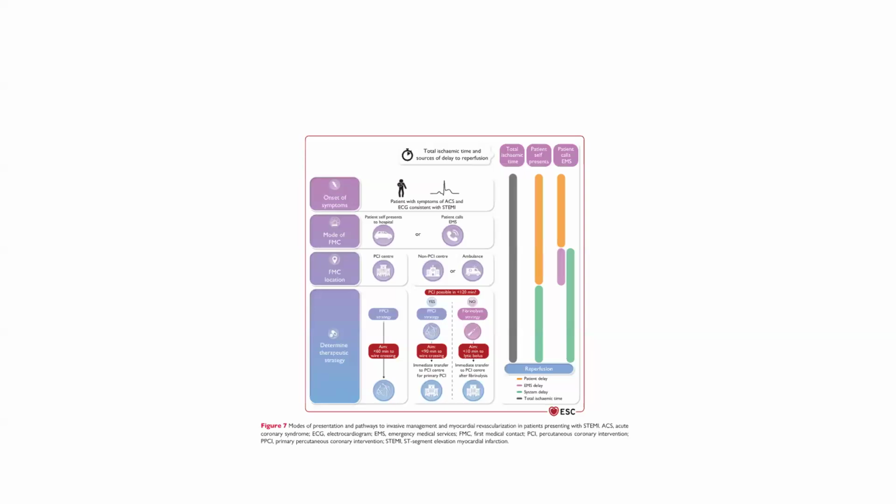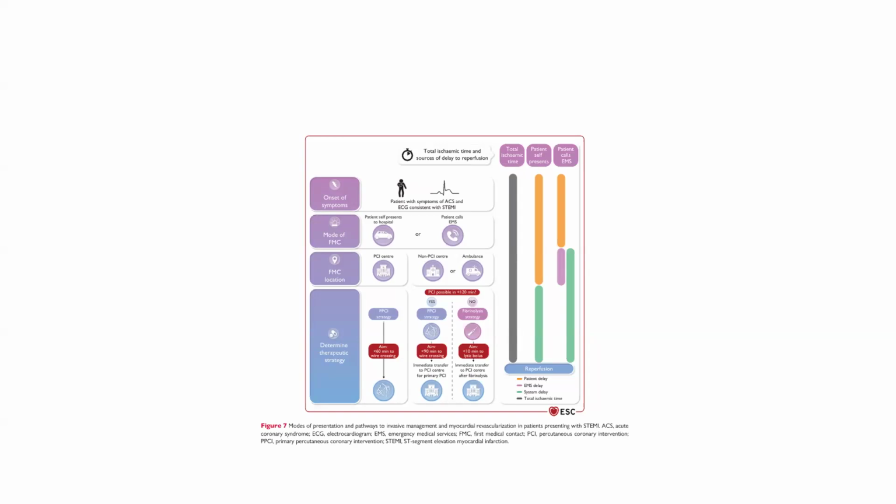If the patient presents to a non-PCI center, we need to see whether PCI is possible in less than 120 minutes. If yes, then we refer the patient to a primary PCI center, and the aim should be less than 90 minutes to wire crossing.